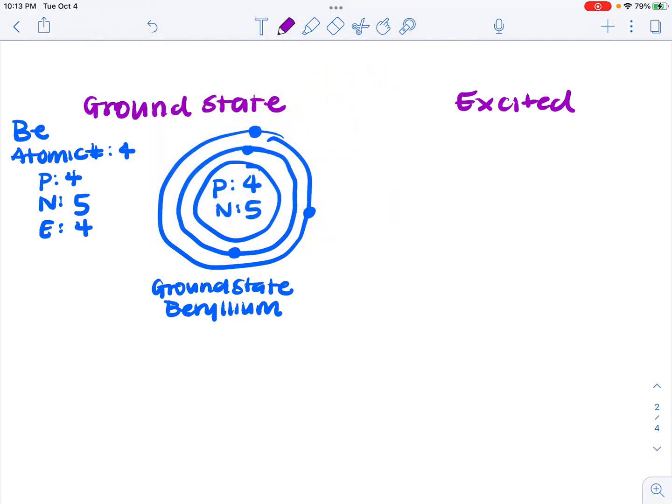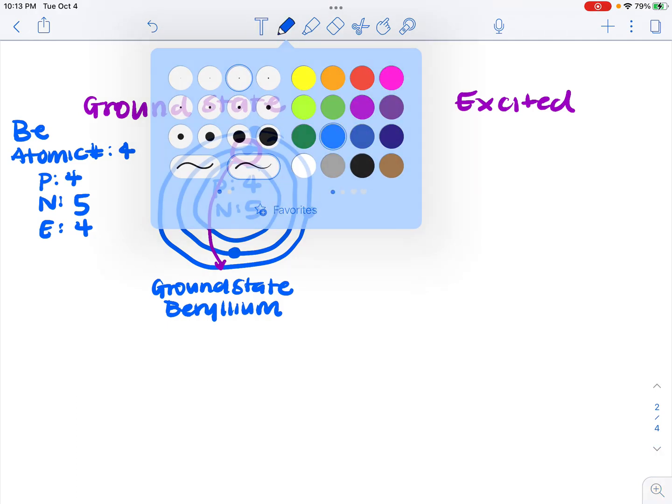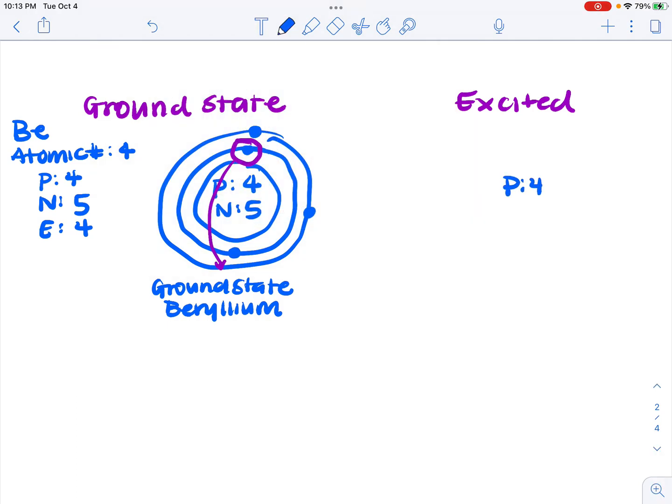If we wanted to draw the excited state, we would take one of the electrons from the first energy level and put it into an empty pocket in the second energy level. So now our Bohr model would look something like this. We still have 4 protons and 5 neutrons. We didn't change the element.